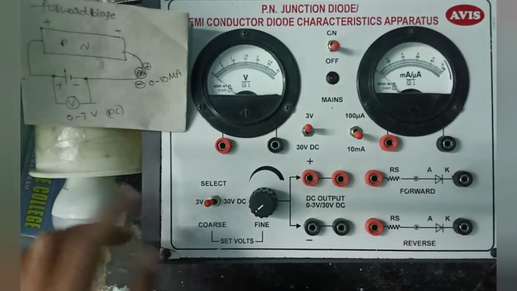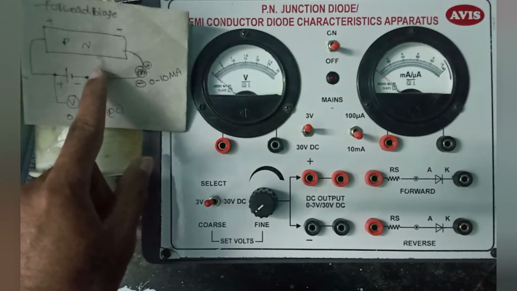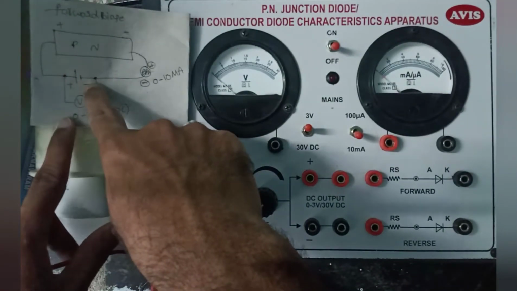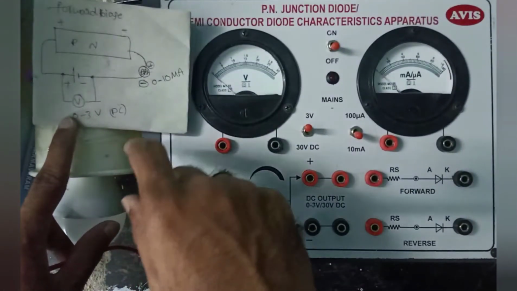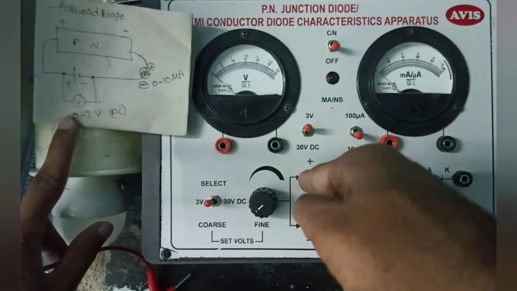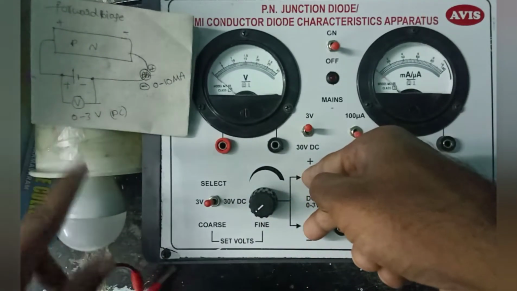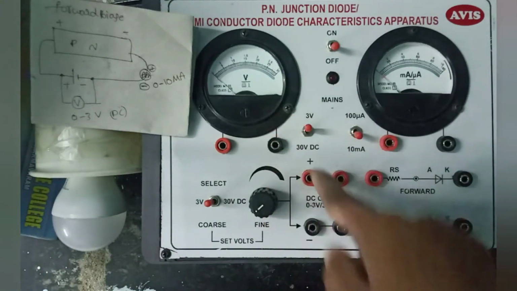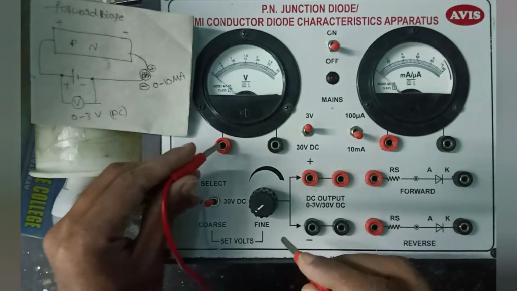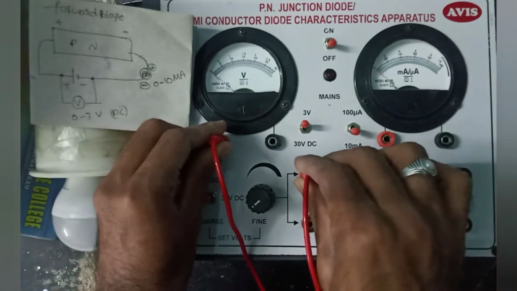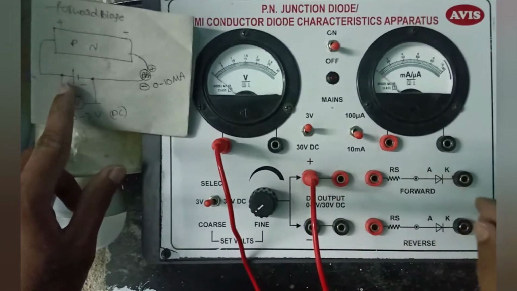So now we have to give the connections as in the circuit. Before we send the voltage to the PN junction diode in forward bias, we have to measure the voltage. So we have to measure the voltage here. We have to connect the voltmeter parallelly to the circuit. So we are connecting positive of the voltmeter to positive of the source.